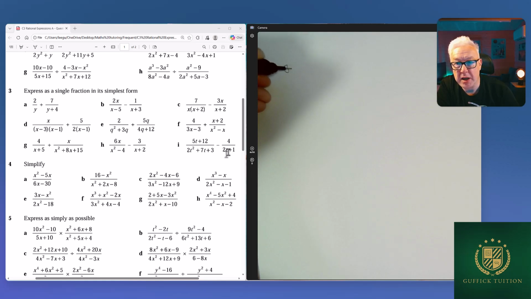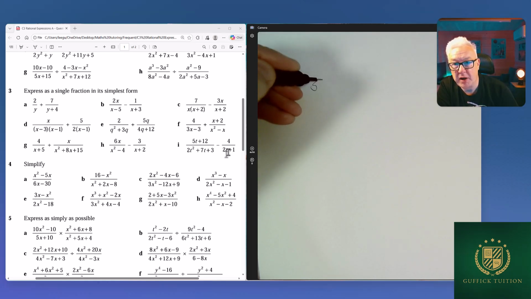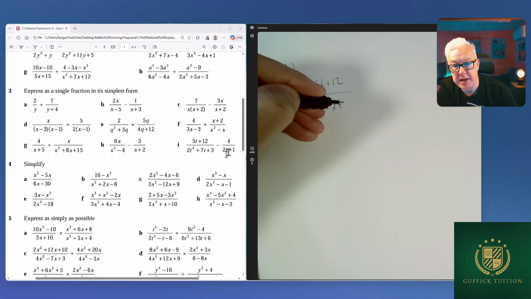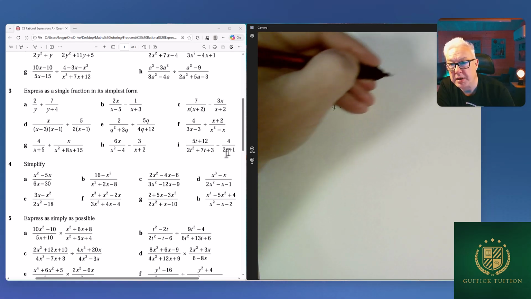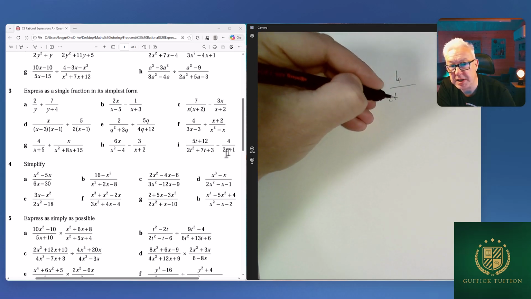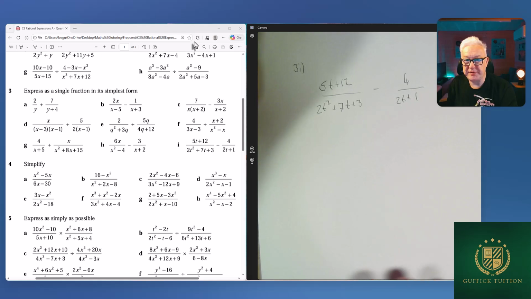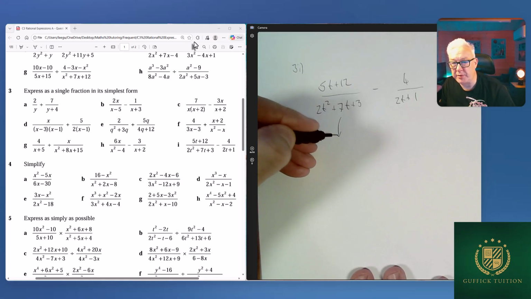Okay, so 3i. We've got 5t add 12 over 2t squared plus 7t plus 3, minus 4 over 2t add 1. Okay, so let's think about it. First things first, let's factorise whatever we can. Let's factorise this denominator here.